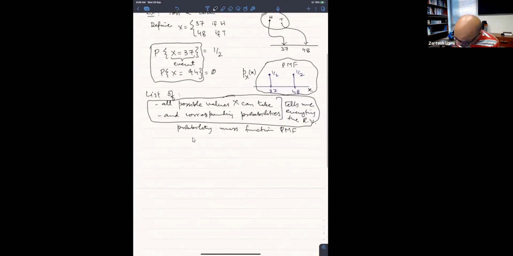Okay, so for this example I can say that px of 37 is equal to 1/2. Px of 48 is also equal to 1/2. Okay? And this is a set of all possible values that x can take, उसकी list है, and the corresponding probabilities. So this is PMF.